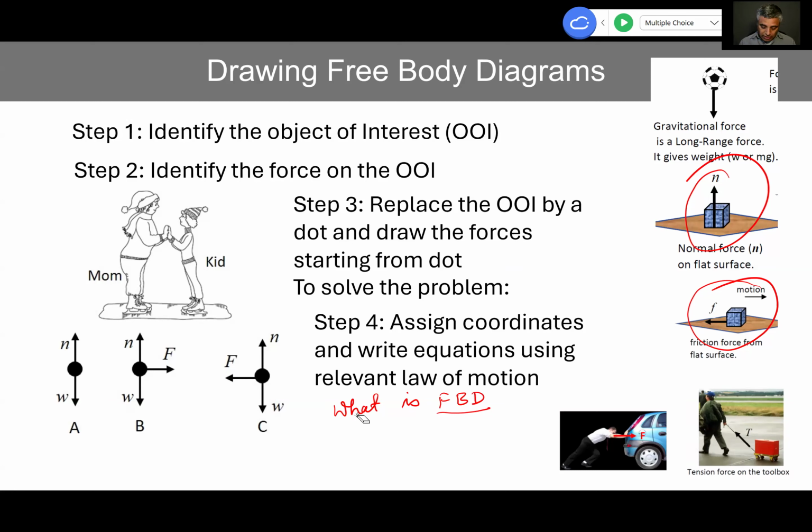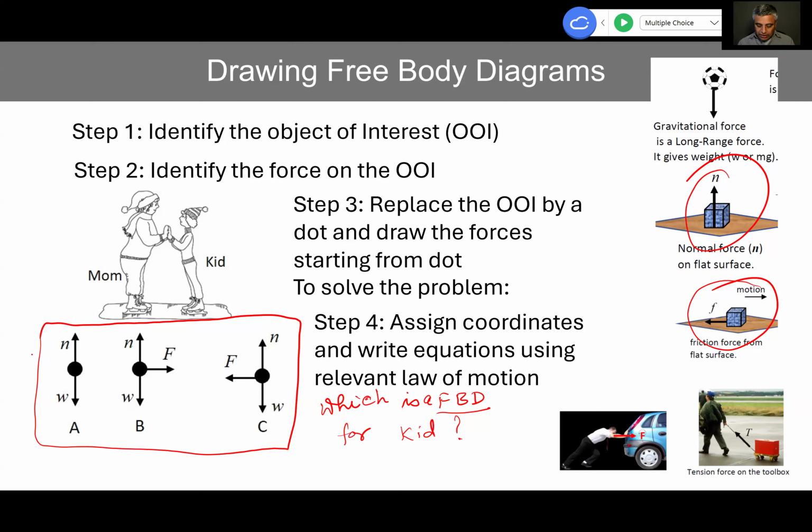Which one is a free body diagram for, let's say, kid or mom. Let's say kid. Kids are more fun than moms. Okay. So now these are possible free body diagrams.